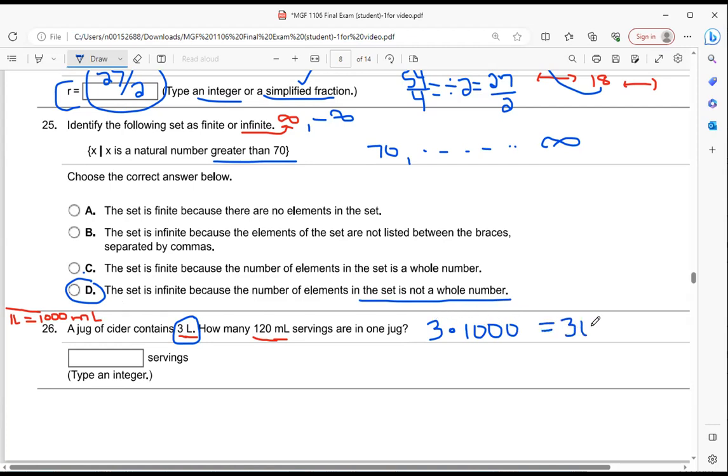That'll give us 3,000 milliliters. And then to determine how many 120 milliliter servings there are in that jug, we just divide by 120. And when we divide this, we'll get 25 servings.